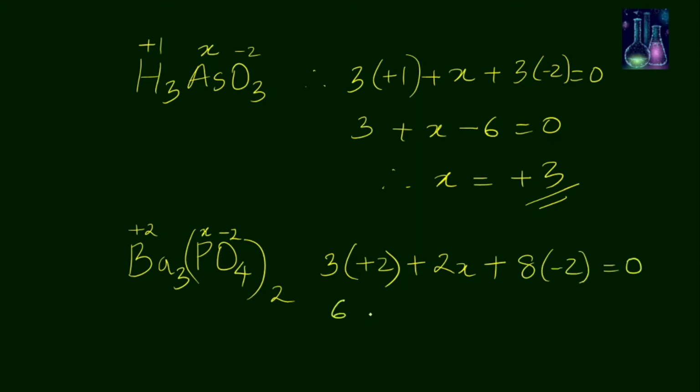Therefore 6 plus 2x minus 16 equals 0, and therefore x is +5. That's the oxidation state of phosphorus. Let's do another example.